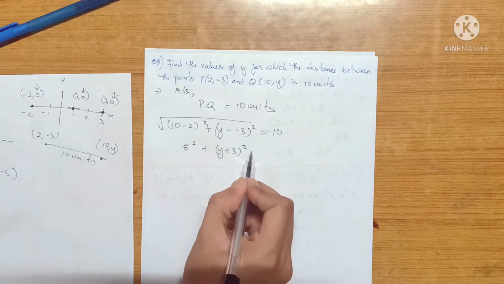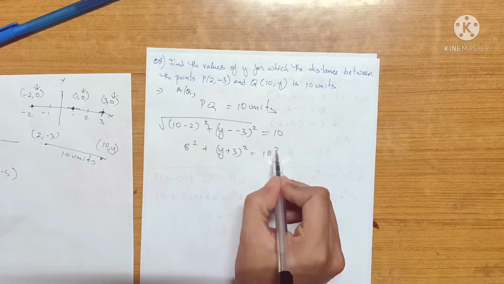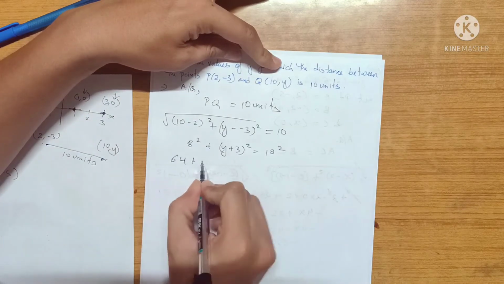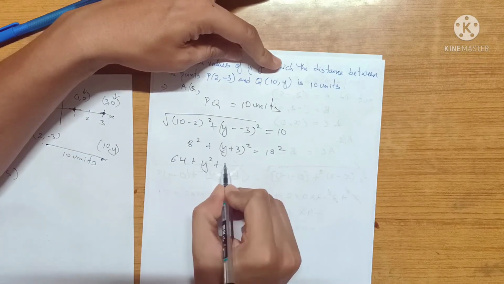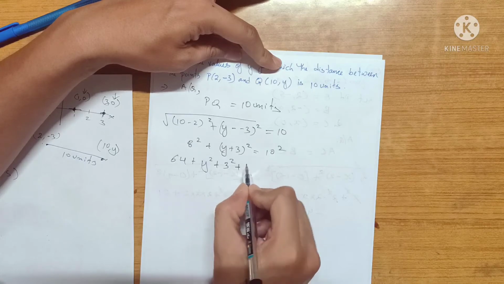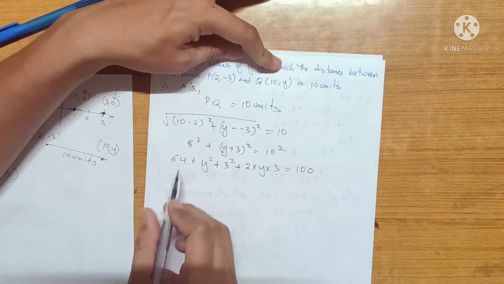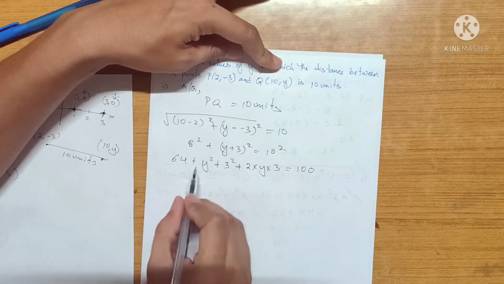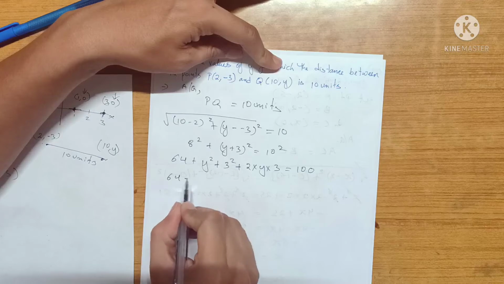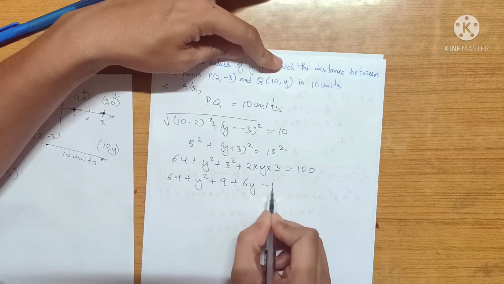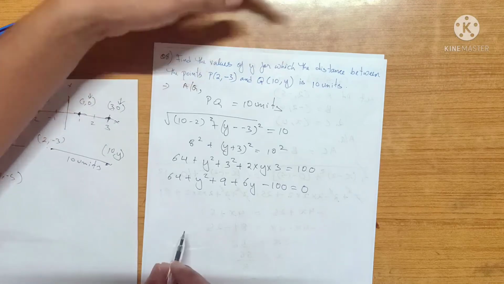Y plus 3 square equal to, this one sent inside, it becomes square. Got it? Root is opposite to this square. So 64 plus y square plus 3 square plus 2 into y into 3 equal to 100. So if I bring 100 also this side, it will become 64 plus y square plus 9 plus 6y minus 100 equal to 0.